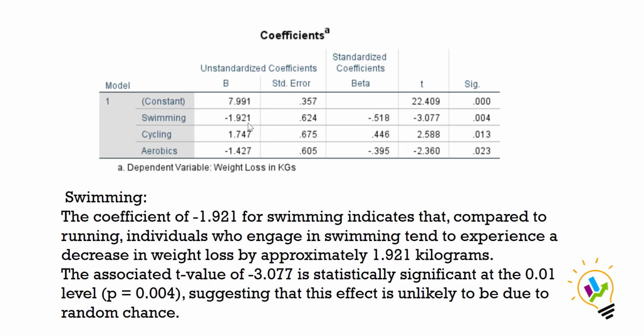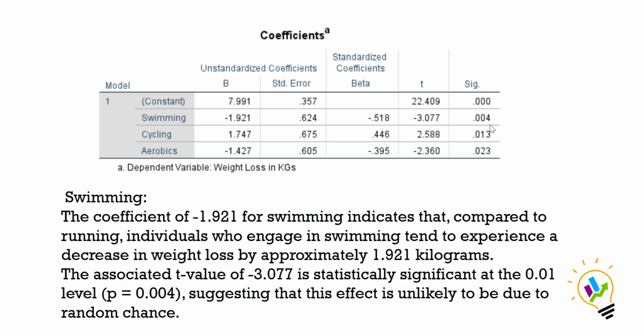It means a person who is swimming will have weight loss which is less by 1.921 compared to running. A person who is running has more weight loss, swimming has less weight loss. How much less? 1.921 kilograms. And this is significant. You can see the significant value is 0.004, which is less than 0.05.